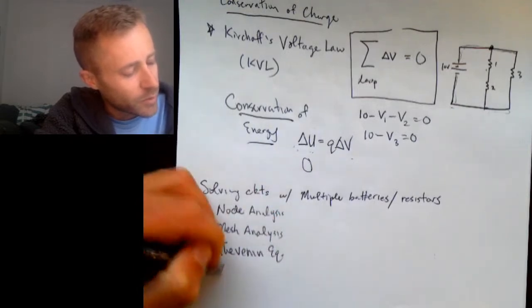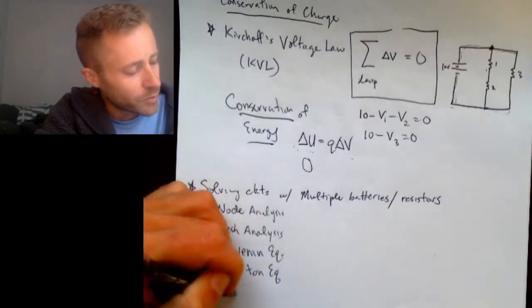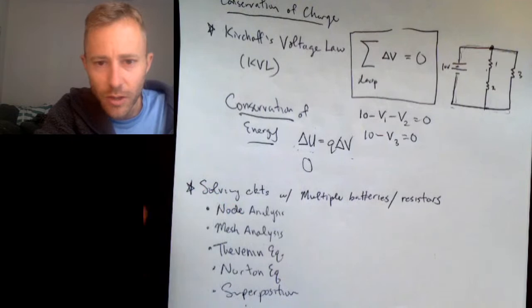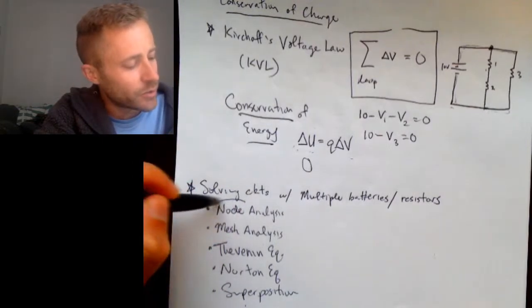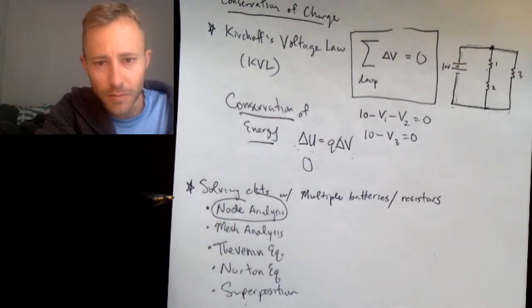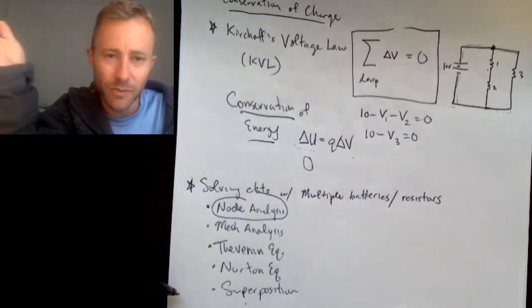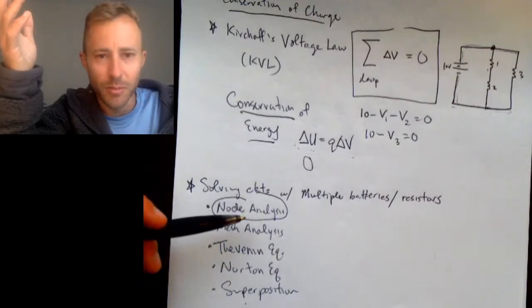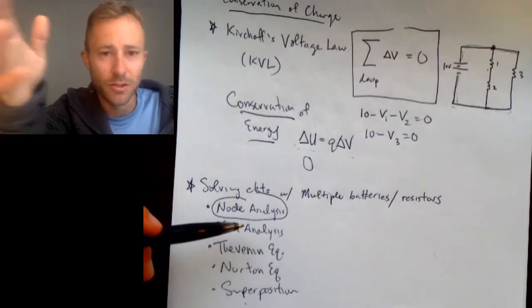There's one called Norton equivalent circuit. There's one called superposition. So there's probably even more, but the point is that there's a lot of circuit analysis techniques that all will give you the same answer. This one that I'm teaching you is the most general, okay? So sometimes one of these other ones might get you an answer faster. This isn't the fastest way to get an answer, but it is the most regular. It always works the same way, all right? So that's kind of nice.